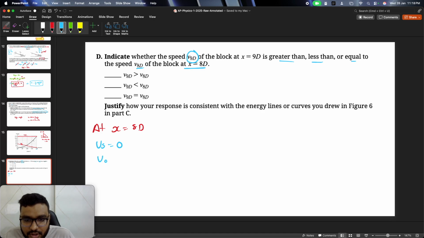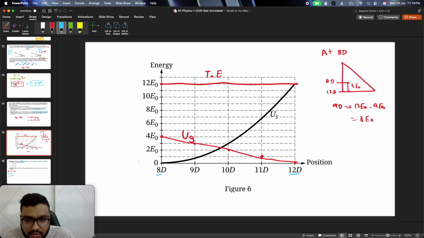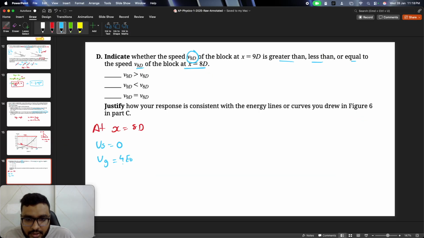The gravitational potential energy is 4 E naught that we had just written. And kinetic energy will be how much? It's going to be 12 minus 0 minus 4 E naught, so 12 minus 4, that's going to be 8 E naught. So kinetic energy at this point is 8 E naught.